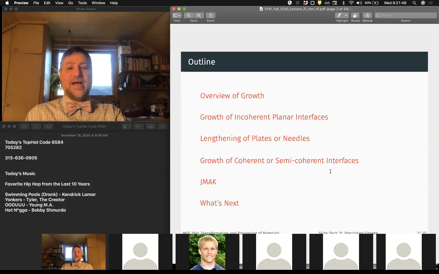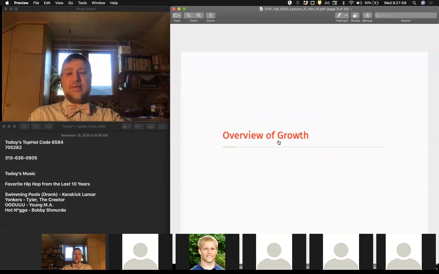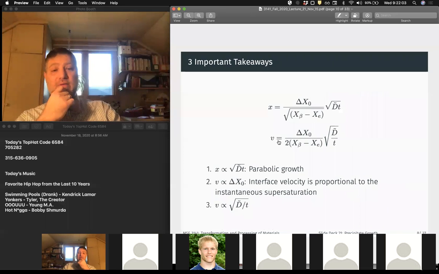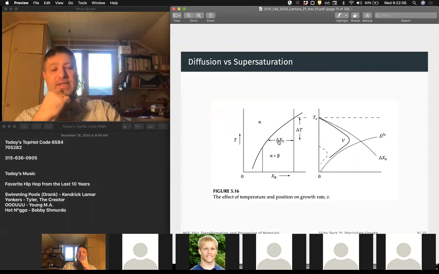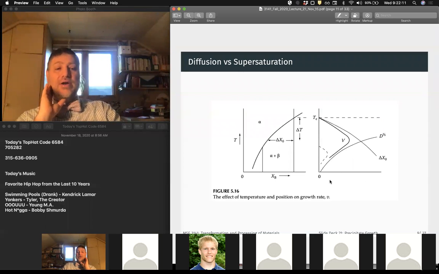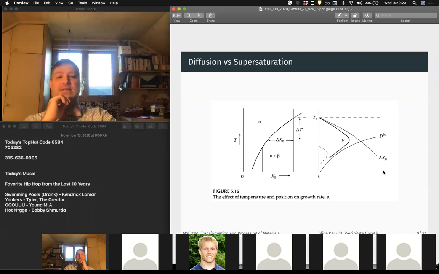So okay, let's start. Where did we leave off? We were talking about growth of precipitates, and we basically said there's a huge analogy with nucleation: there is a supersaturation term and a diffusion term, and they both have opposite dependence on temperature.